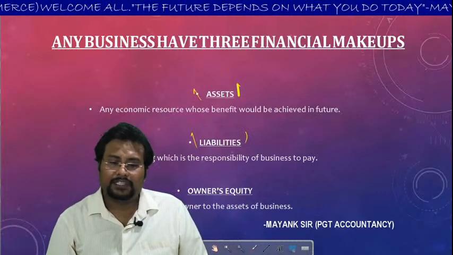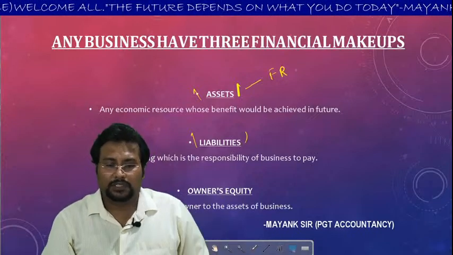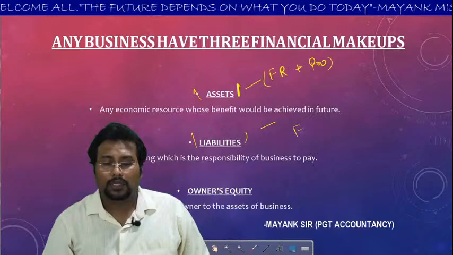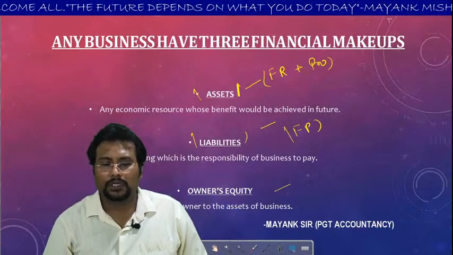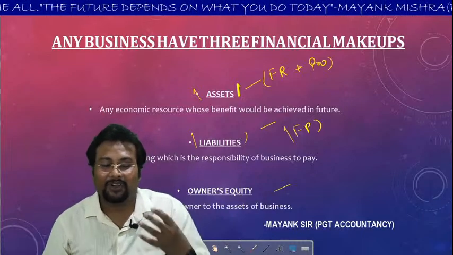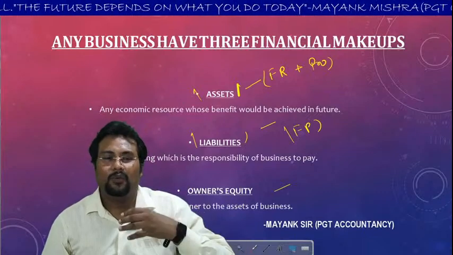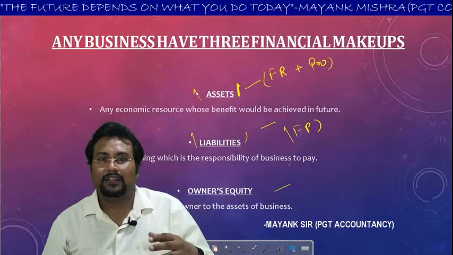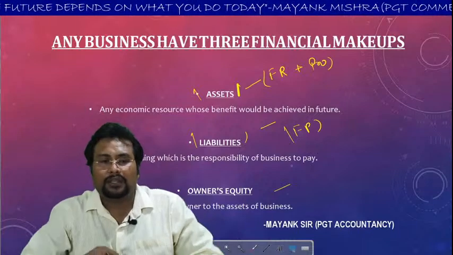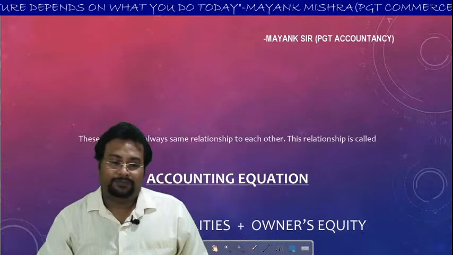So I make it very simple: assets is two words, future receipt plus property. Liability is just one word: future payment. And owner's equity, you know, is the right of the owners in the assets of the business. In another simple word, whenever a person invests money in the business for starting or for running the business, that will be considered as capital, and anything which affects the capital will be part of owner's equity.